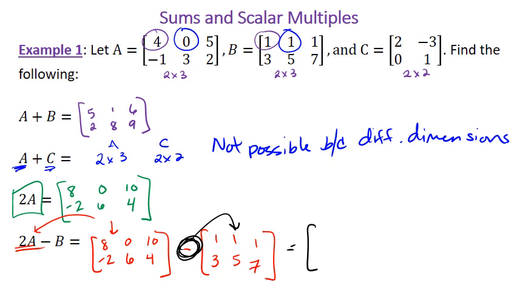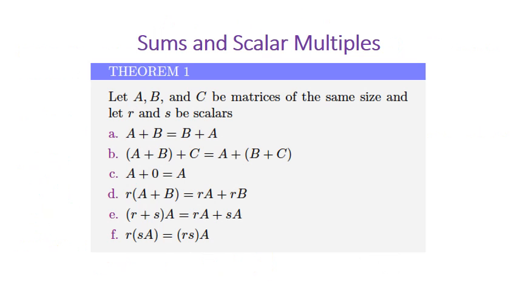Go ahead and pause this and see if you get the same result, which is this matrix here. Okay, so pretty straightforward. This basically illustrates Theorem 1, which is stated here. You can go ahead and read through this, but it was illustrated in the previous example.